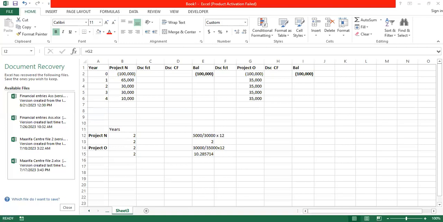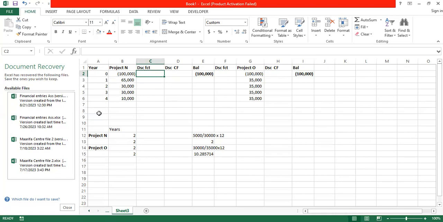So all that I was doing was adding these columns here. The discounting factor, let me just check on the question. The discounting factor was 12%. So we are going to make use of that 12%. How do we go about that? If you're not going to check the tables, you're going to use a formula for the discounting factor.